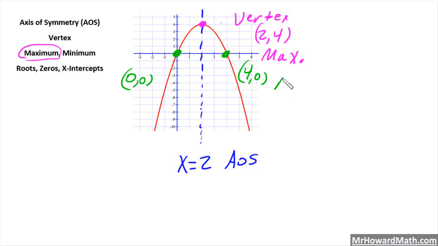Let's label all 3 words, roots, zeros, and x-intercepts. I'll abbreviate x-intercept. So they all mean the same thing. In a problem, if they tell you have roots of (4, 0) and (0, 0), it means where it crosses the x-axis in this case. They may use x-intercept, they may use zero, they may use roots, but in this context, they all mean the same thing.